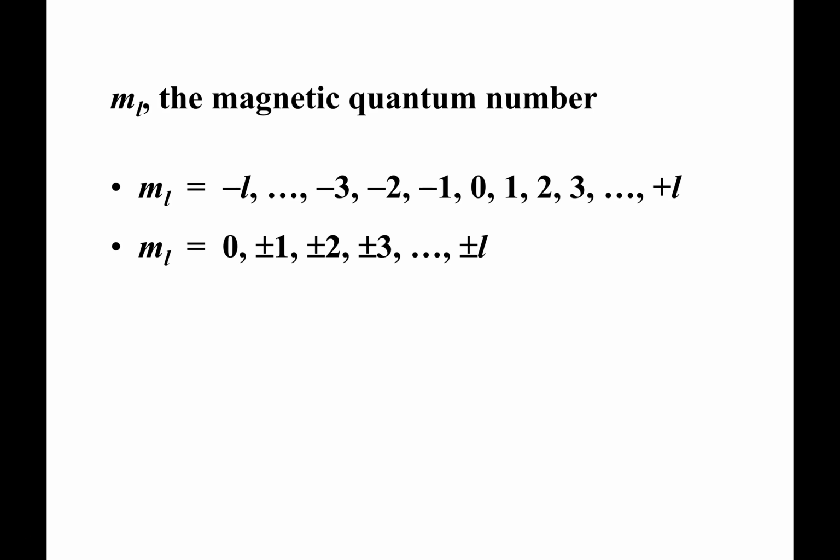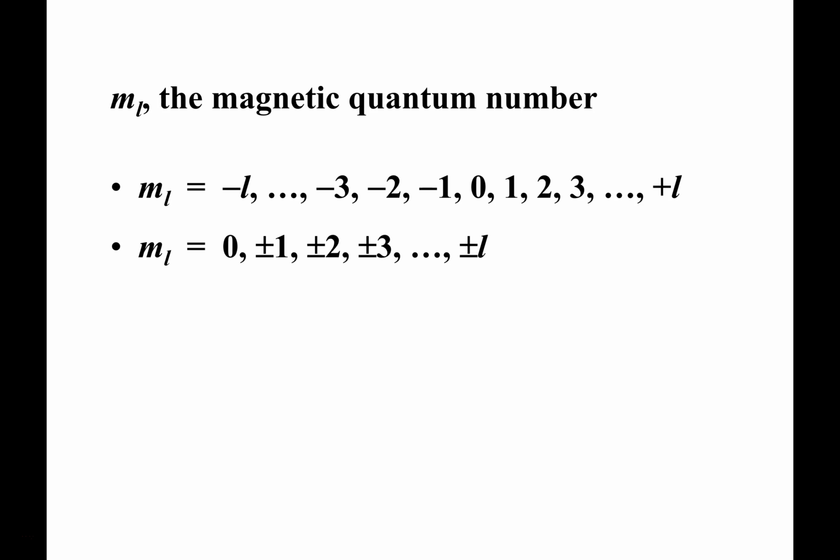So for P-type, L is 1. So I go from 0 to plus or minus 1, 0 to +1 and -1. Otherwise, I go from -1 through 0 to +1. Both are ways of stating the same rule.